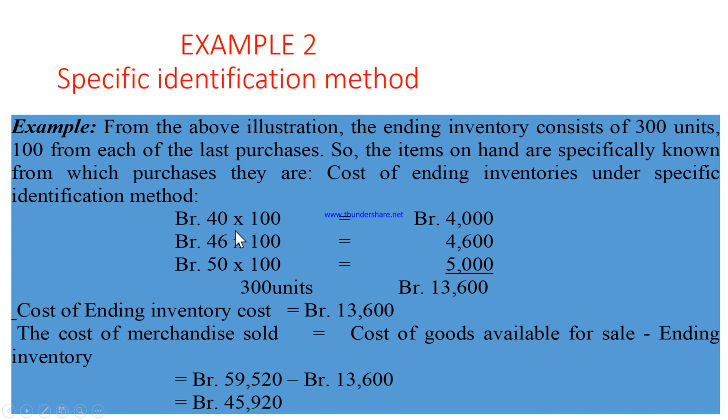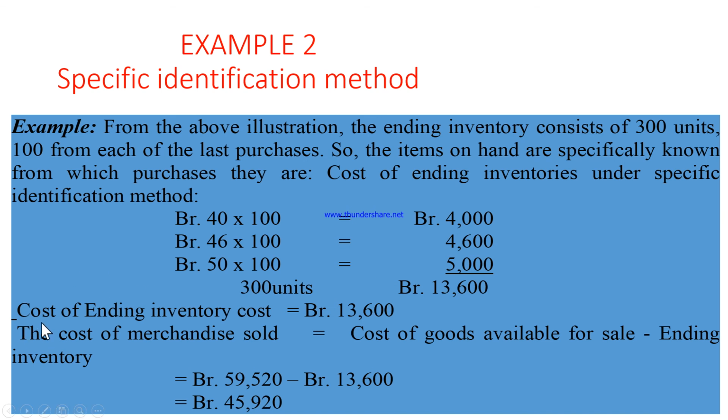Each unit of inventory and each unit cost is presented. The total inventory is 300 units, and the total cost for those 300 units is 13,600.